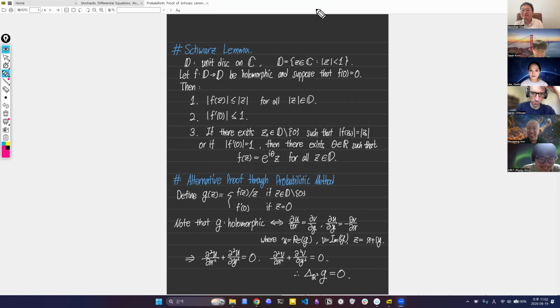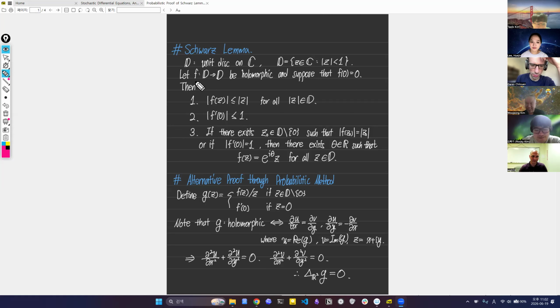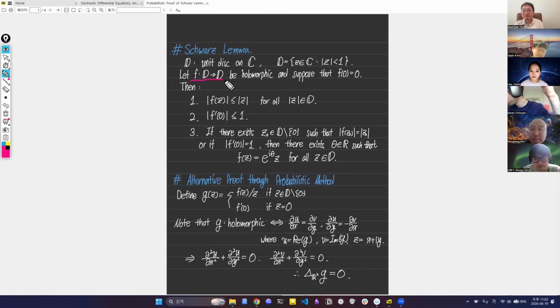Sorry about that. Okay. The setting is the same as before: f from the unit disk to the unit disk, and suppose that f(0) is 0, and we will prove the Schwarz lemma. First, we will define the auxiliary function g as before.